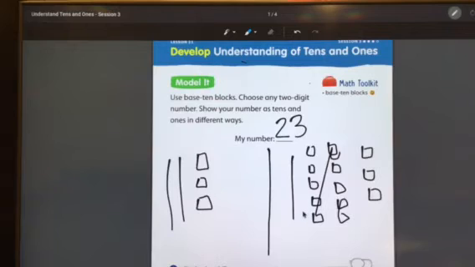You still have 23 because you would count like this: 10, 11, 12, 13, 14, 15, 16, 17, 18, 19, 20, 21, 22, 23. So this right here is showing 2 different ways to make the number 23.